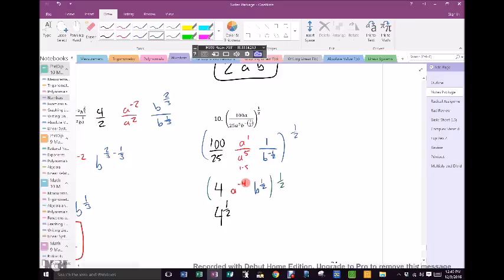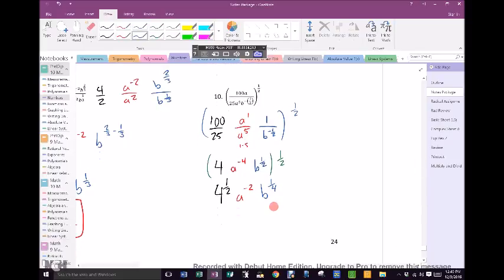Multiply. What's negative 4 times 1/2, sorry? Negative 2, yes? What is 1/2 times 1/2? 1/4. Now, can I fix any of that up? 4 to the 1/2 is just square root, isn't it? What's the square root of 4? 2.